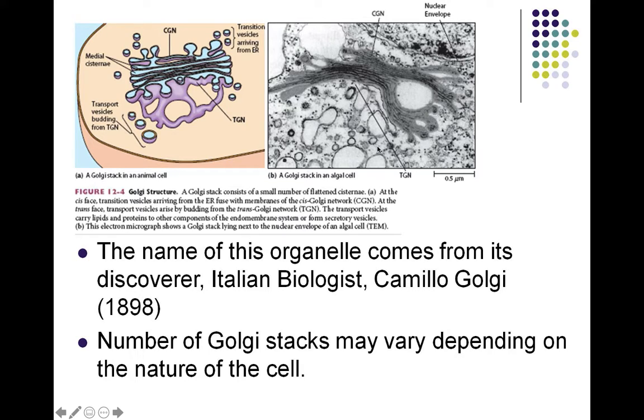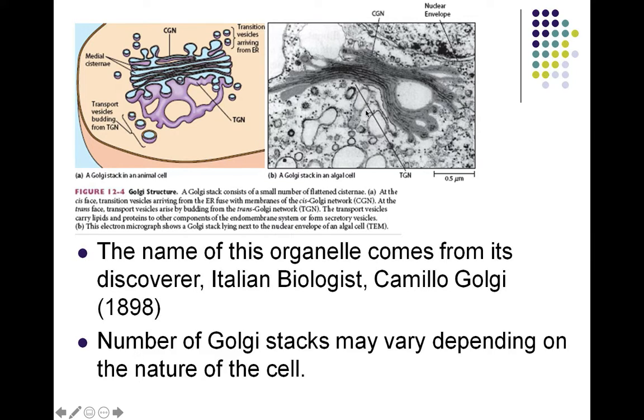Then here is an electron micrograph of the Golgi stack in an algal cell. You can appreciate also the regions in relation to positioning, in relation to the areas that are near to it. We can appreciate that the cis Golgi network is nearer to the endoplasmic reticulum compared to the trans Golgi network.